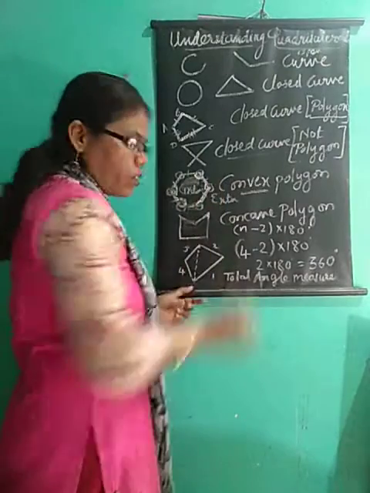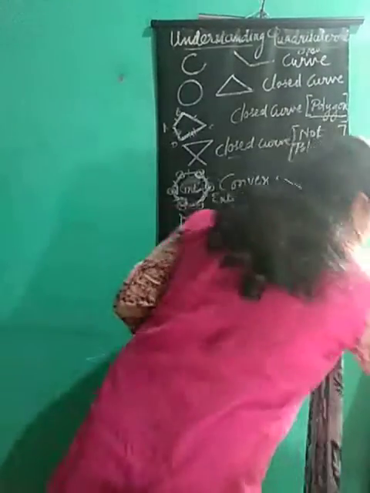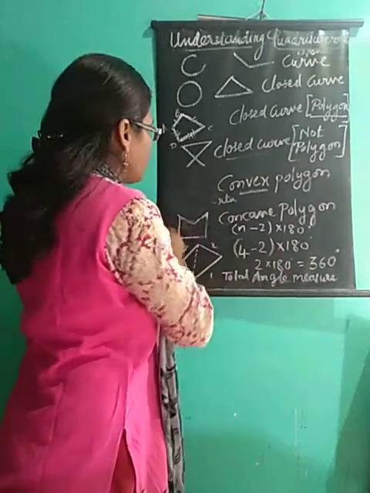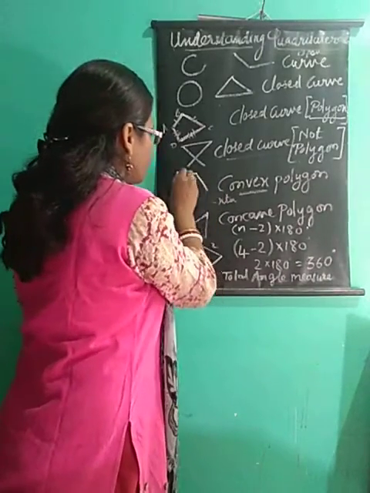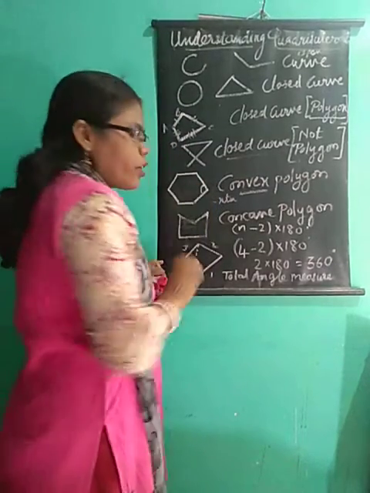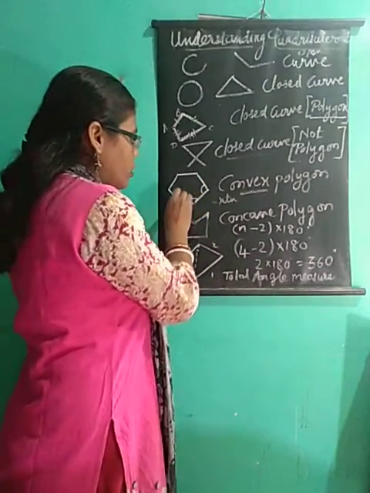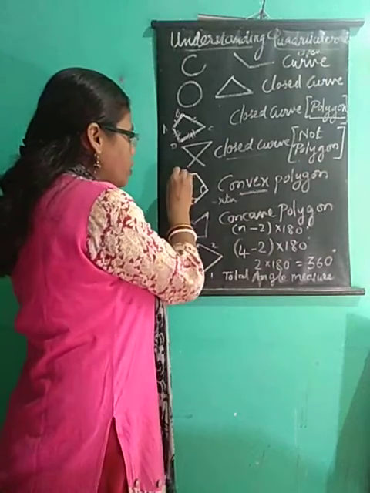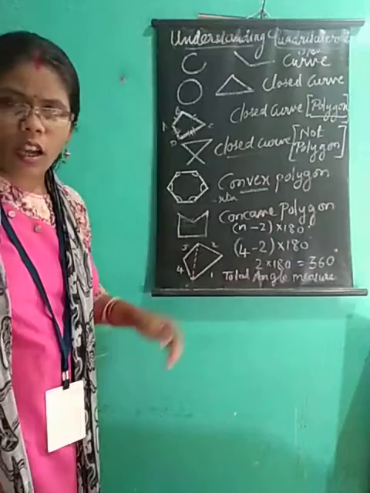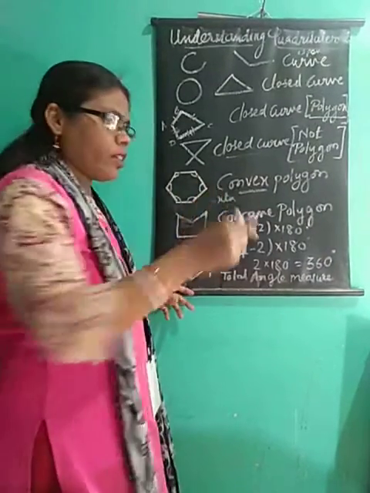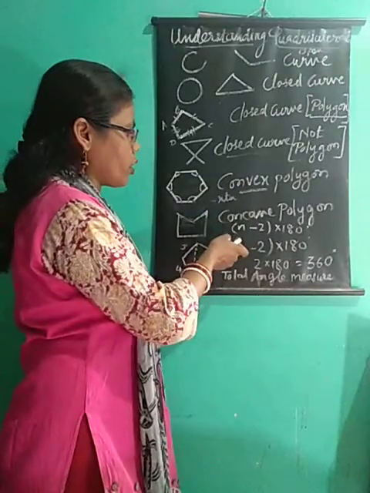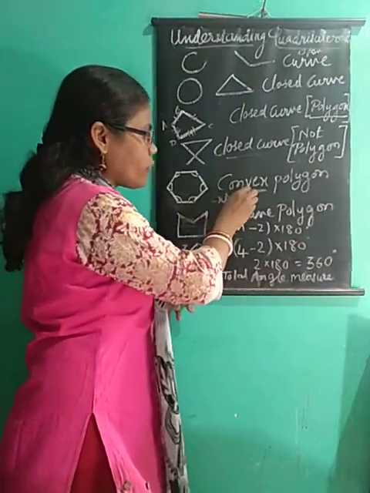See here at this figure, at this angle, I'll show you. The angle is less than 180 degrees. Here also less than 180, less than 180, less than 180, less than 180. So when the angles are less than 180 degrees, and another criterion for understanding, the vertices should be in the exterior, then it is a convex polygon.